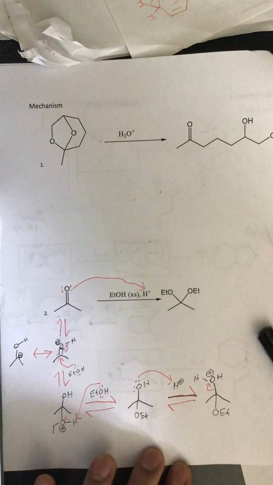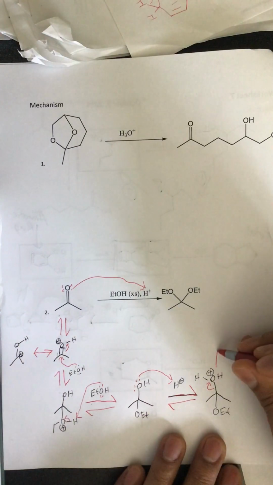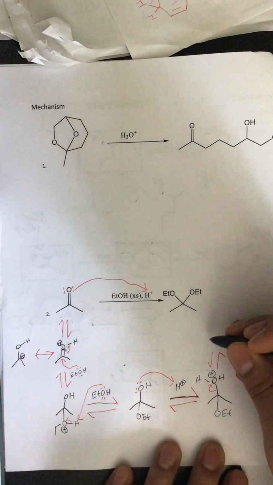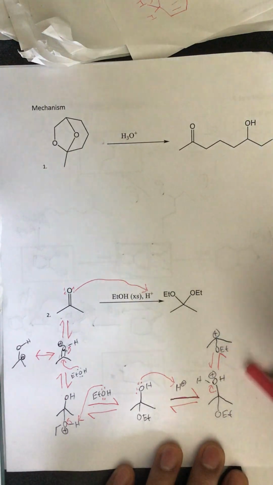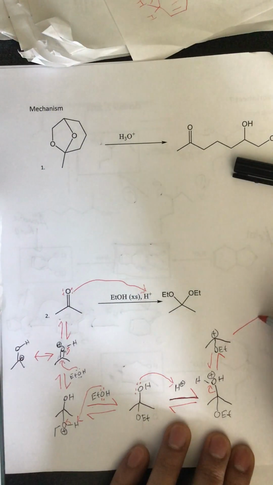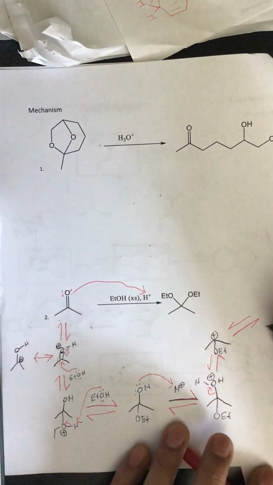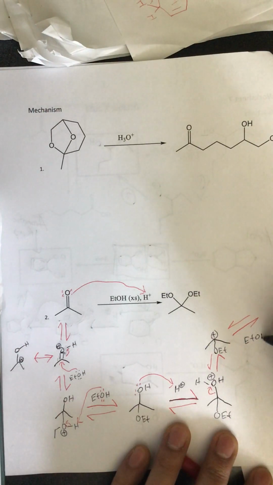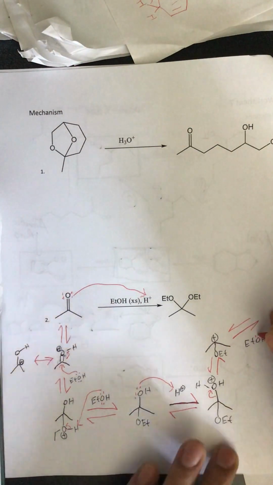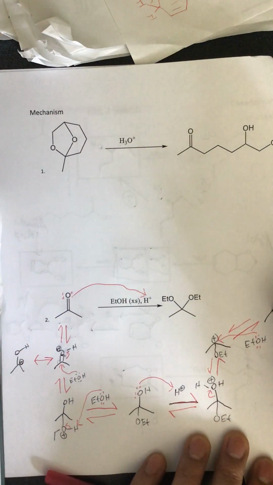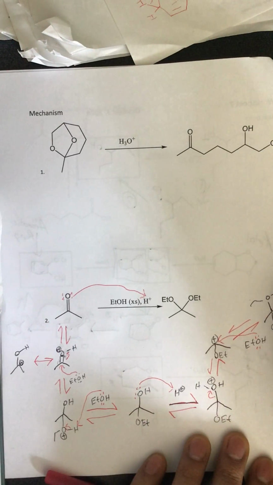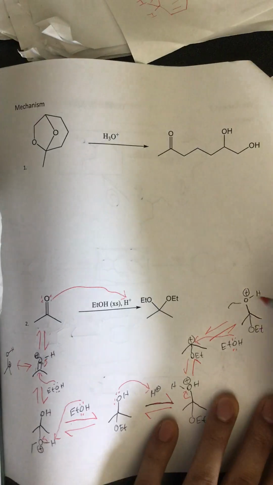This will leave, and that's like the beginning of the next steps, right? So that was like stage 2, get water to leave, and now stage 3 is going to be add in our second ethanol molecule. When that happens, you can see the whole structure.